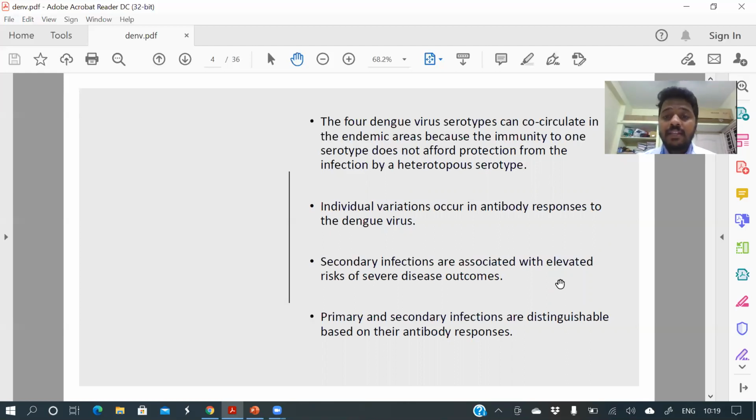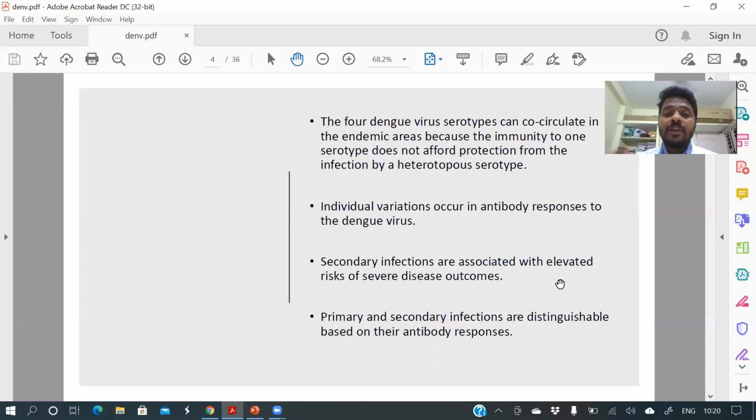So individual variations occur in antibody responses to the dengue viruses. If a person is infected by dengue virus serotype 1, he will mount a response to the virus and antibodies will develop. If he is infected again by dengue 1 virus, that immunity will be helpful for him.